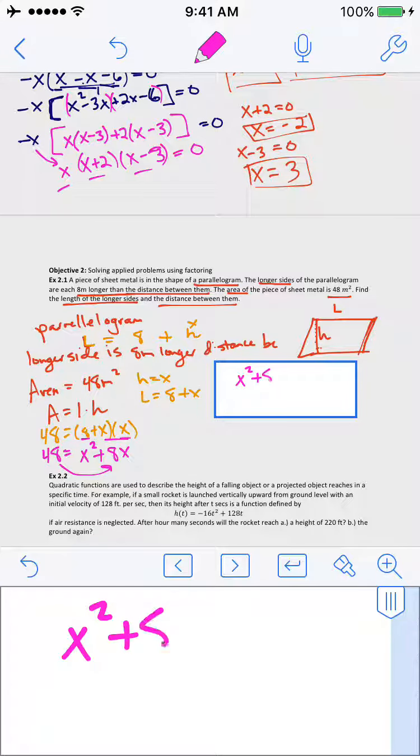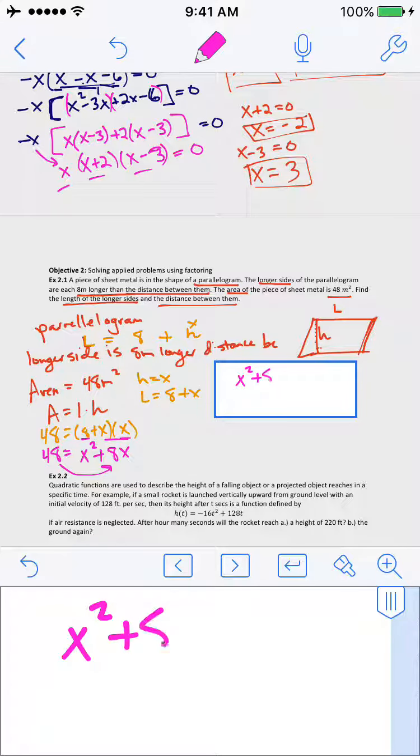Factor, get x plus 12 minus 4, x plus 12 is equal to 0. So you have x minus 4, x plus 12 is equal to 0. Now we factored it, right? That's our final factored form.